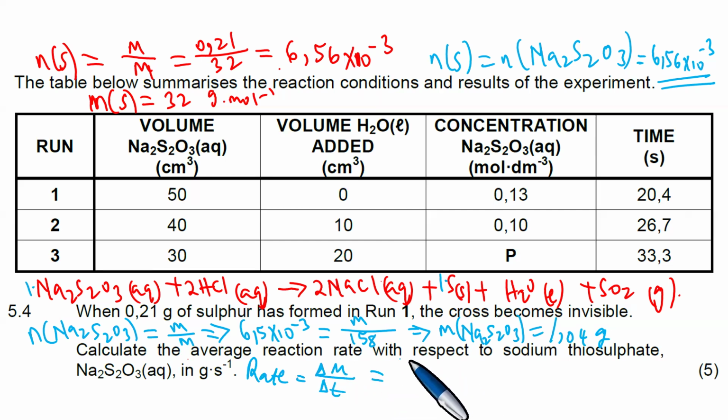The change in mass is 1.04 grams. You divide by the amount of time, which should be exactly 20.4. Use a calculator to find it, but this rate is nothing other than the average rate.